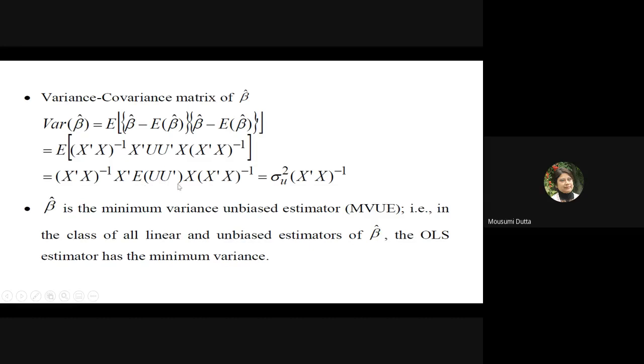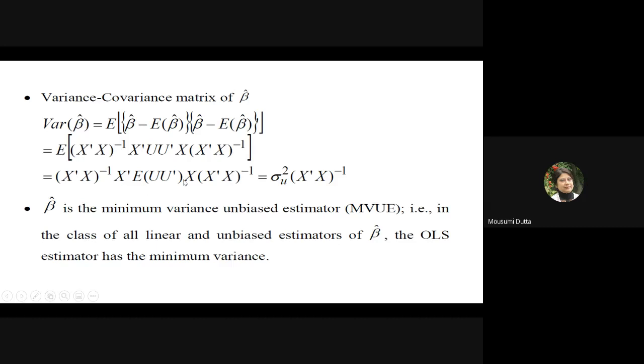Expectation of u prime means the variance covariance matrix of u. Last day we found that in presence of homoscedasticity and non-autocorrelation, expectation of u transpose is sigma square I. So this term will be sigma u square into identity matrix. Okay? Sigma u square is a constant term. I is an identity matrix.